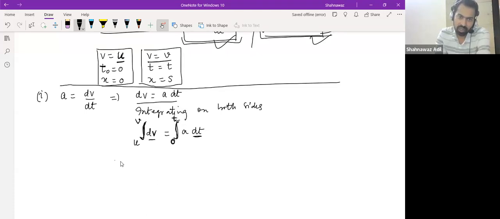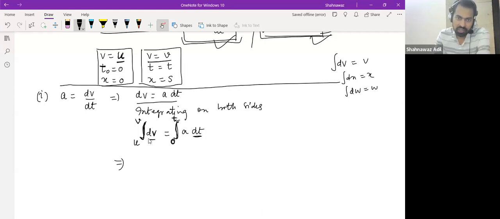As I've told you guys earlier, integration of this kind is simply this. Integration of dx is simply x. Integration of d of, let's say, w, this would be w.